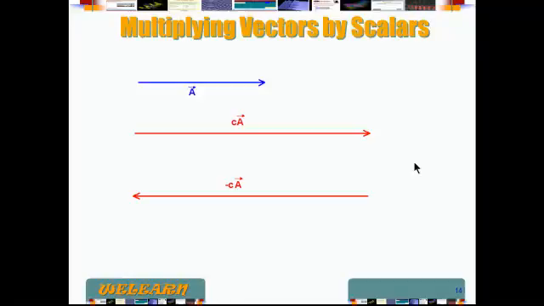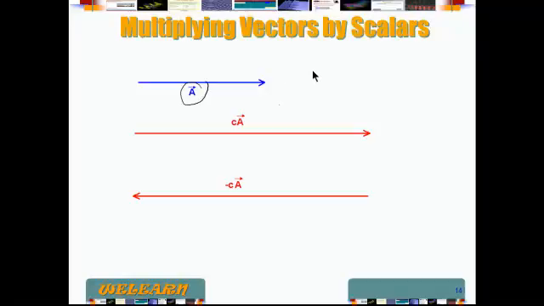Now, what if we multiply a vector by a scalar? Again here, our vector is vector A. It's represented by the blue arrow here.